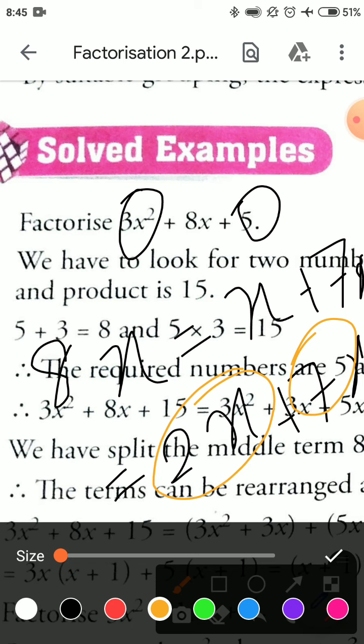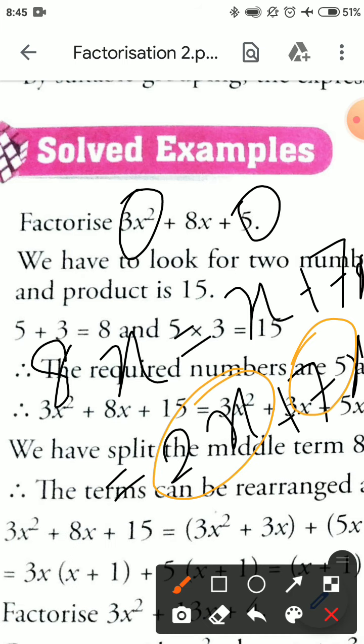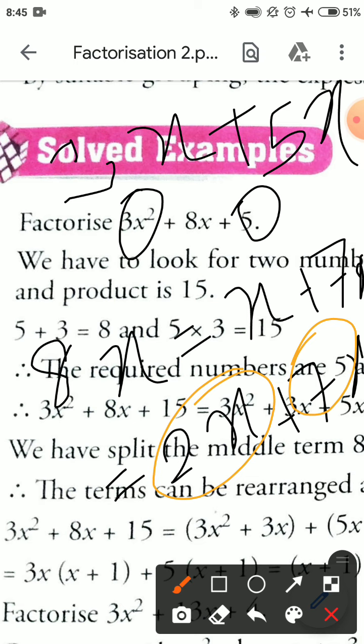So we will select those two terms of 8x after breaking, which will multiply to get 15x square, right? So we can also break this 8x as 3x plus 5x, right? Clearly you can see that we can multiply them to get 15x square.